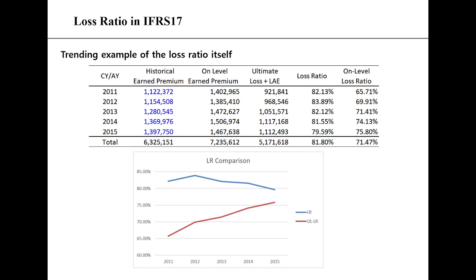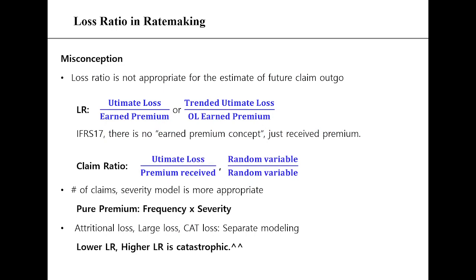Unless there are some significant changes or environmental things that vary, it just stays the same with a small amount of loss or profit. And that's what you have to make an assumption for the loss ratio. That is the problem.